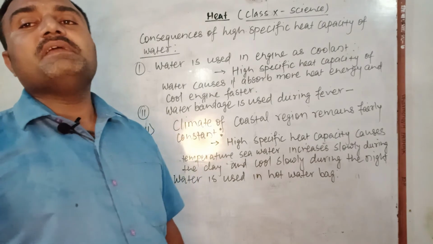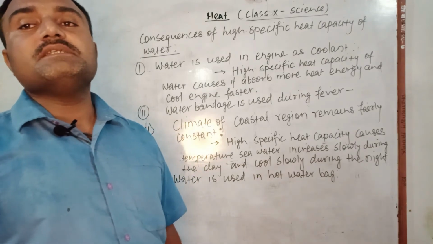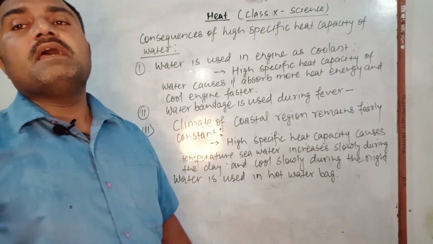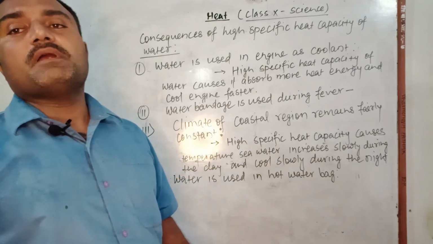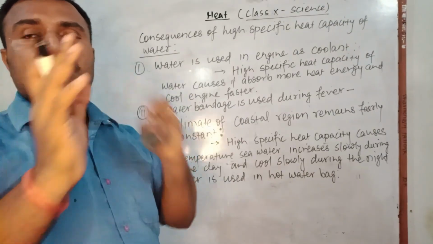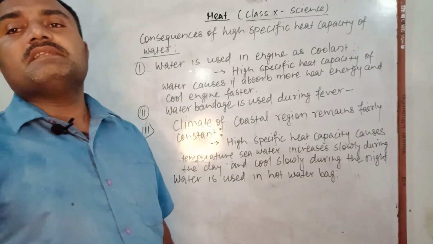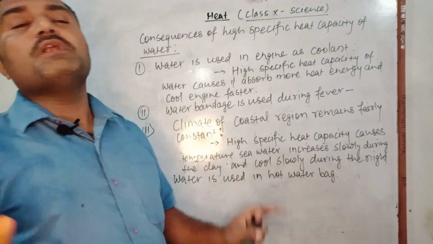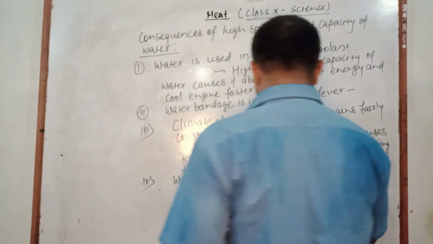That water, having high specific heat capacity, gives more heat energy to the body and keeps our body warmer. If we use oil instead of water in a hot water bag, then it cools faster and can't keep our body warm.